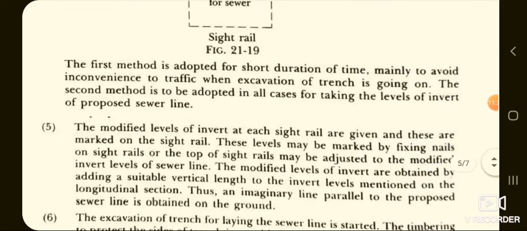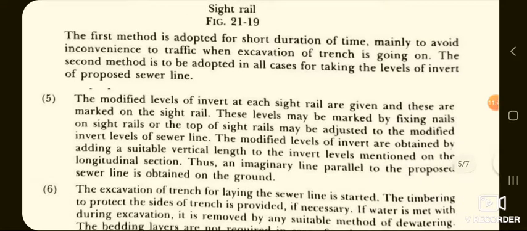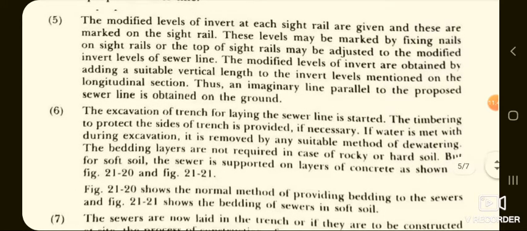The first method is adopted for a short duration of time, mainly to avoid inconvenience to traffic when excavation of trench is going on. The second method is to be adopted in all cases for taking the levels of invert of the proposed sewer line. The modified levels of invert at each side rail are given, and these are marked on the side rail.